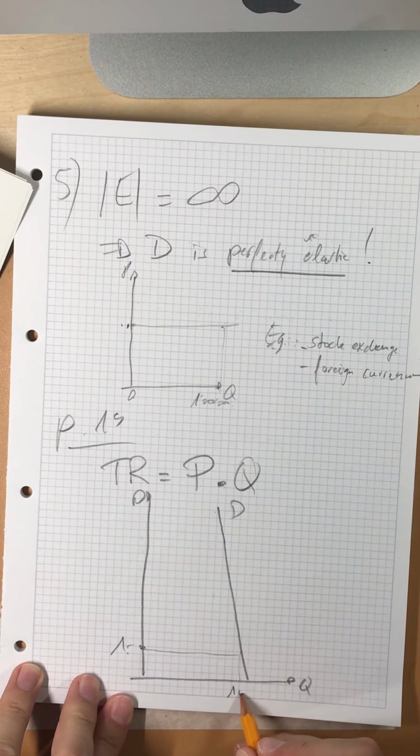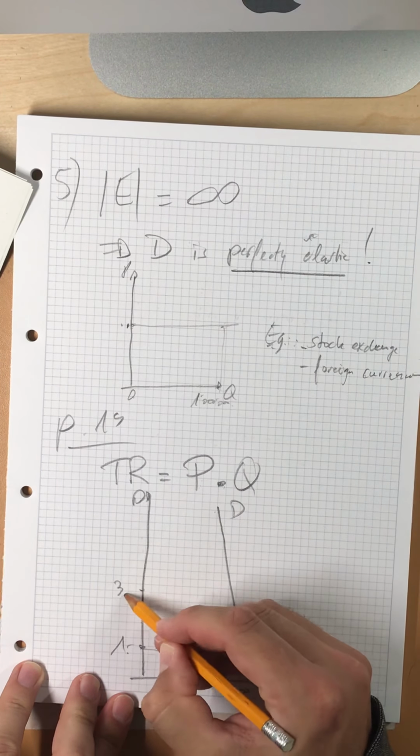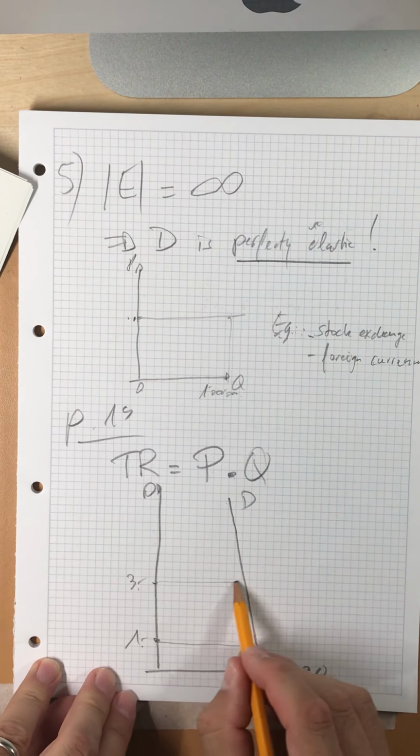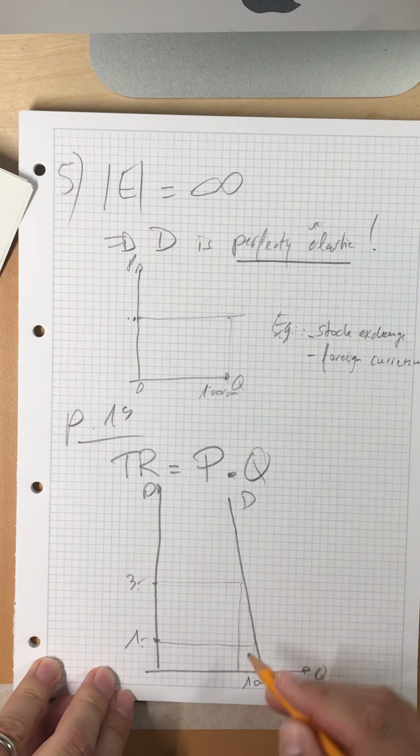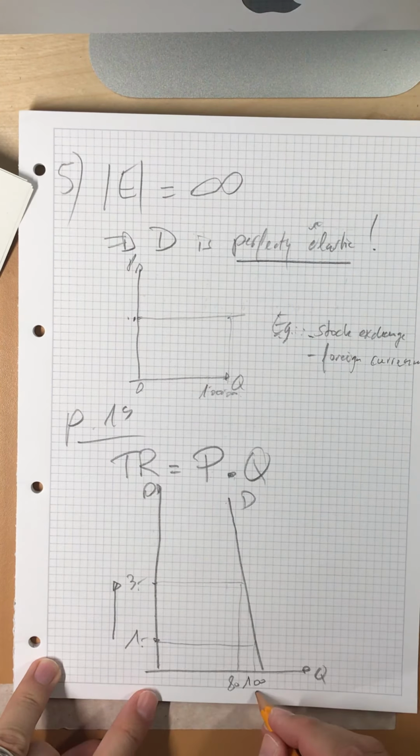Imagine 100. Okay, and if the price is multiplied by 3, imagine it's 3 francs, so you will buy only 80. A huge increase, but a small decrease in the quantity.